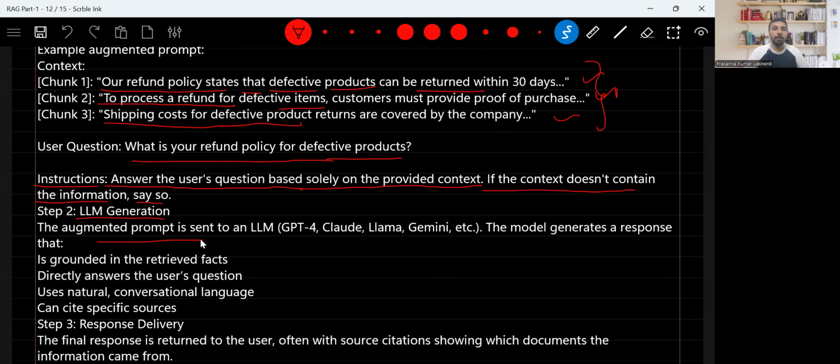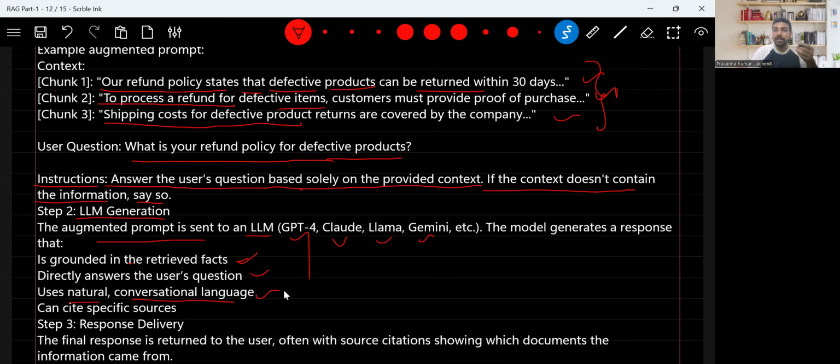Now, the augmented prompt is sent to an LLM like GPT-4 or GPT-5, Claude, Llama, Gemini, etc. The model generates a response that is grounded in the retrieved facts, directly answers the user's question, and uses natural conversational language.